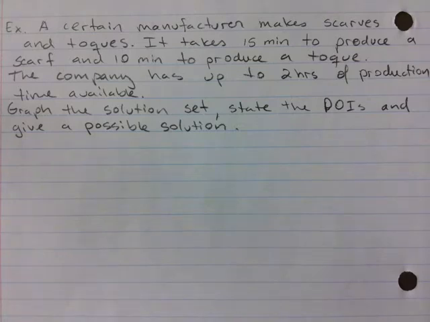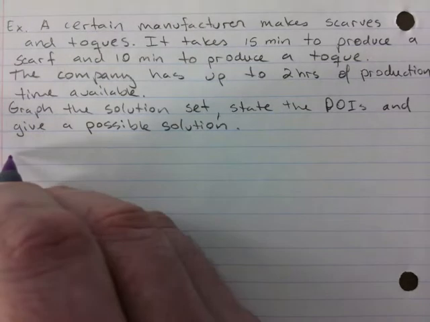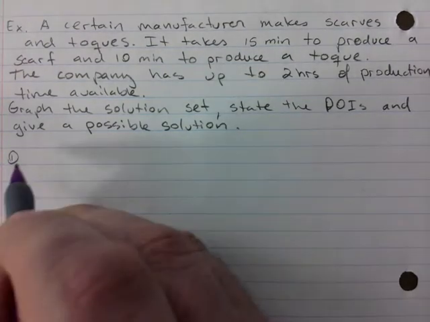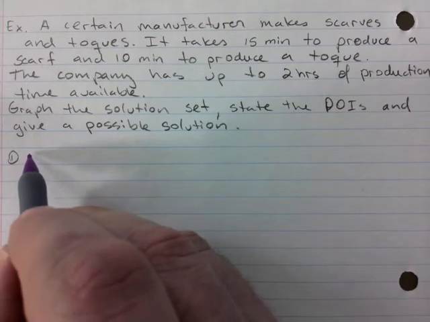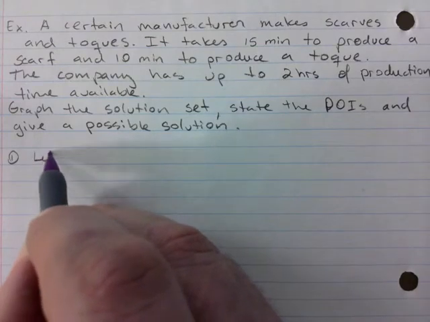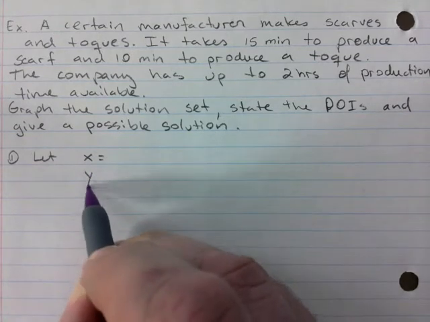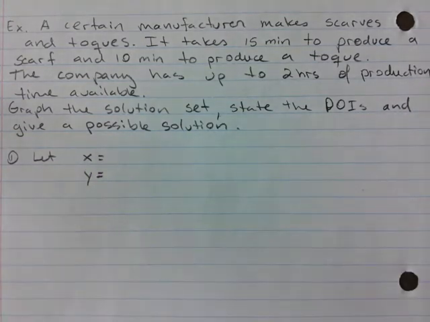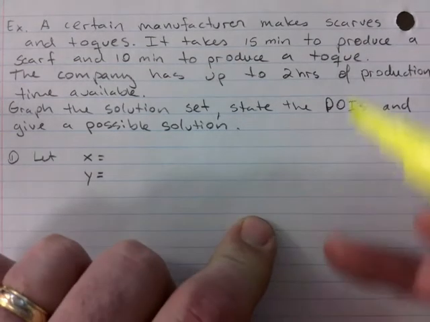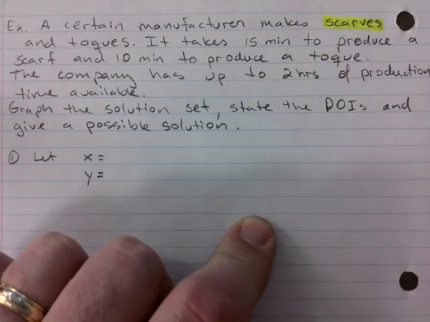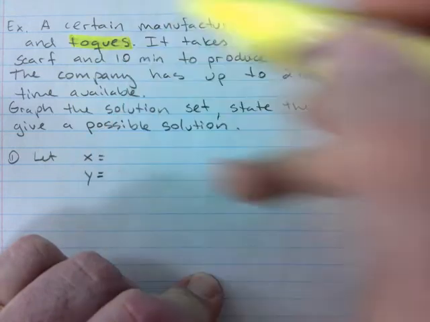And so the first thing I want you to realize is you need to define your variables. I will probably ask you to do that on a quiz or on a test, but define. So we let X be something and we let Y be something. Okay. And in this case, most likely you'll find it at the very beginning, right? That we are making scarves and toques, right?